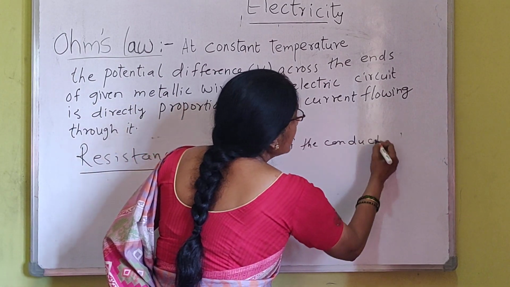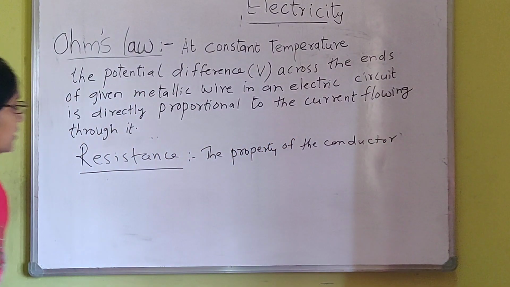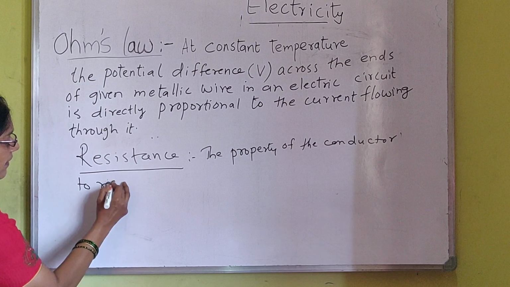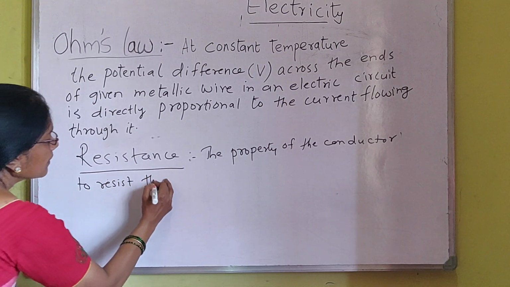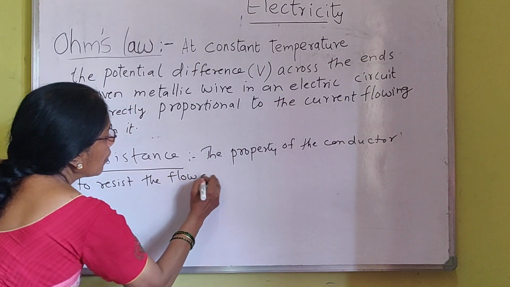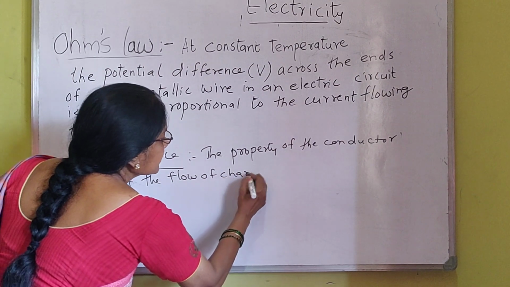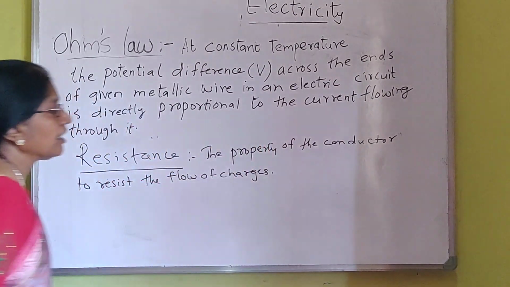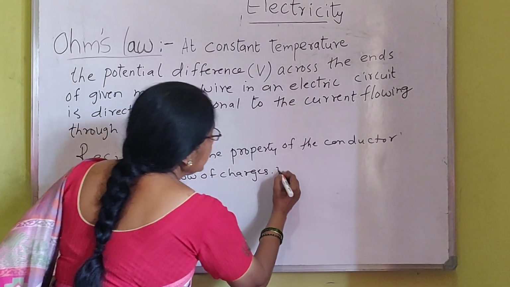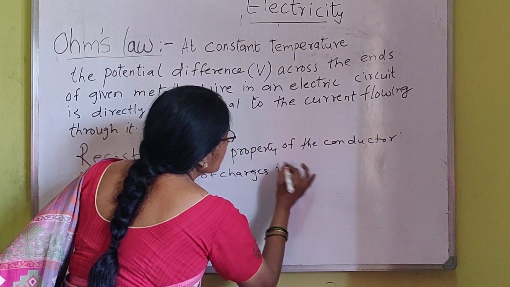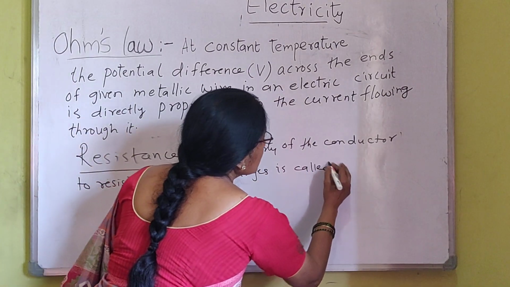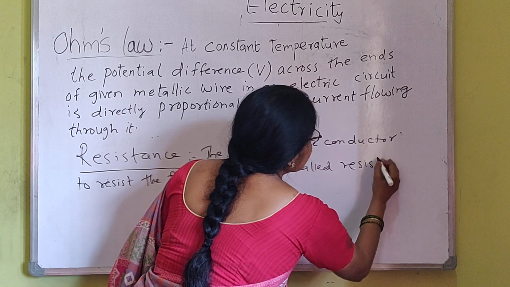It is the property of the conductor to resist the flow of charges is called resistance.